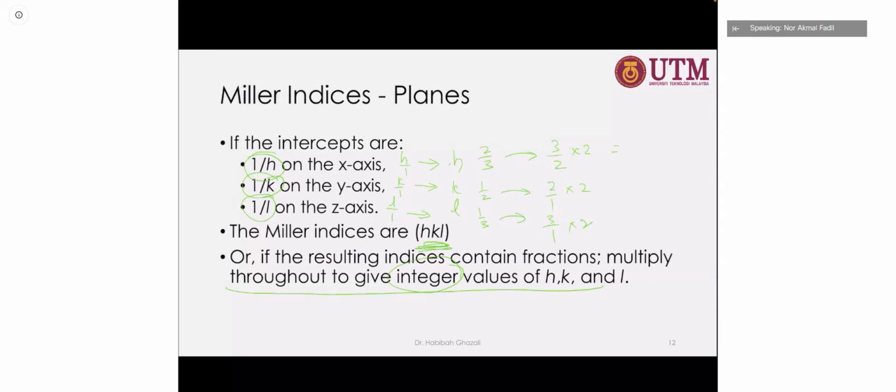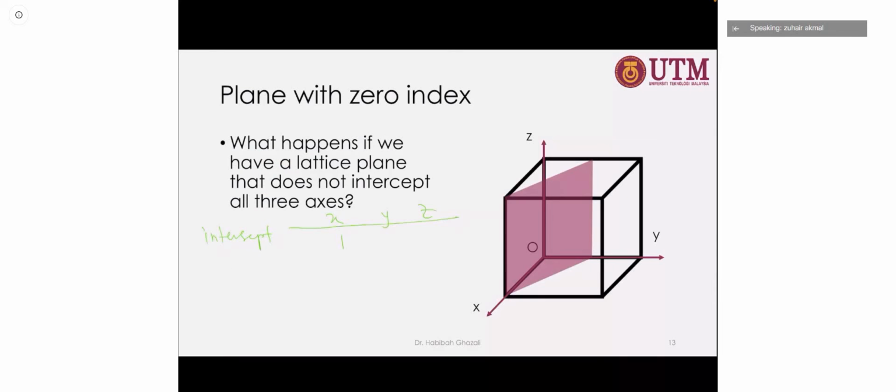The cross is at what value of the axis? 1. And then what about y? Half. Okay, good. Z? Don't know. This is 0. So it's not intercept at 0.